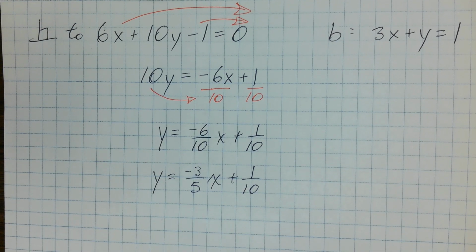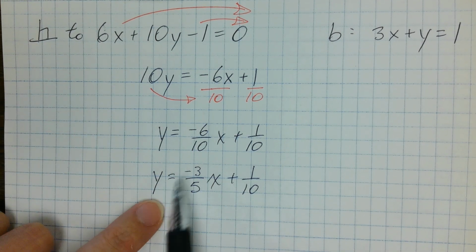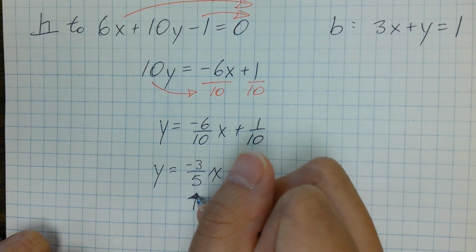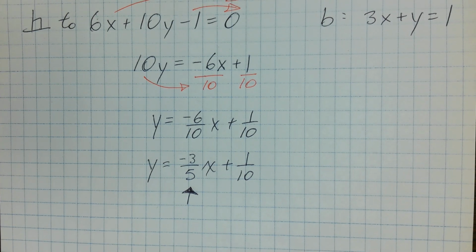So I have this, but I don't want this equation. I want my new line to be perpendicular to it. So if my new line is perpendicular to this, what do I have to do with the slope? I want a perpendicular slope.